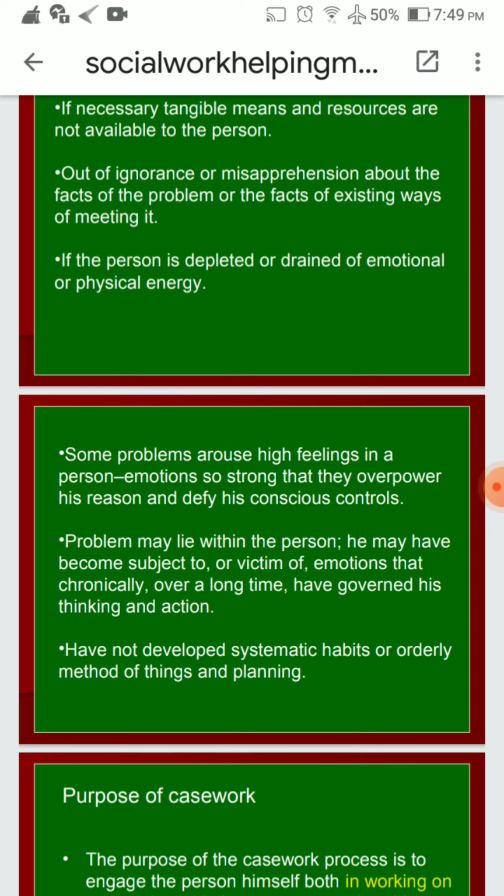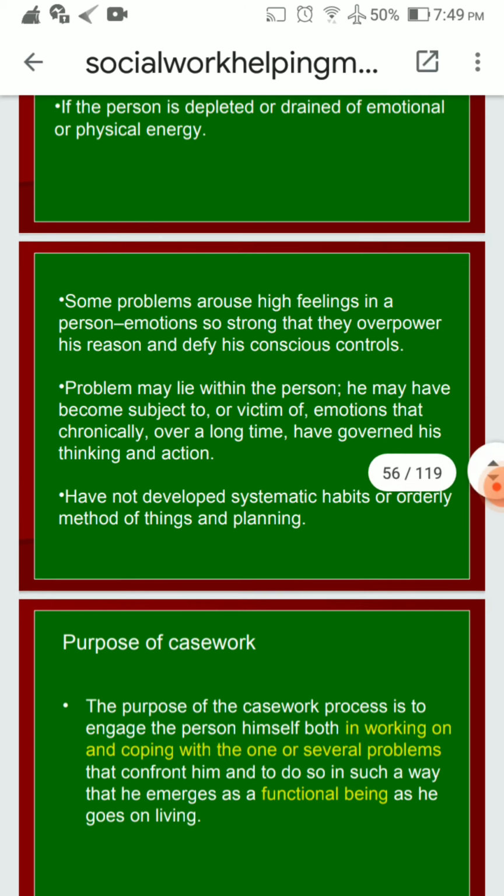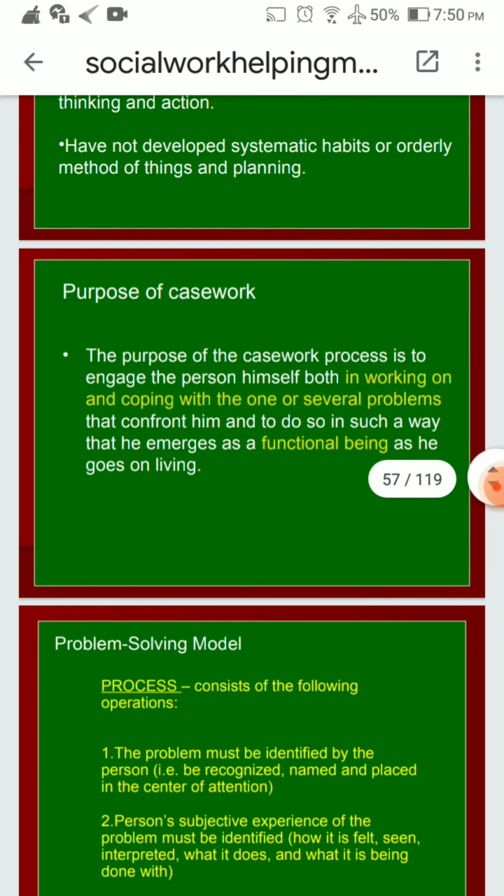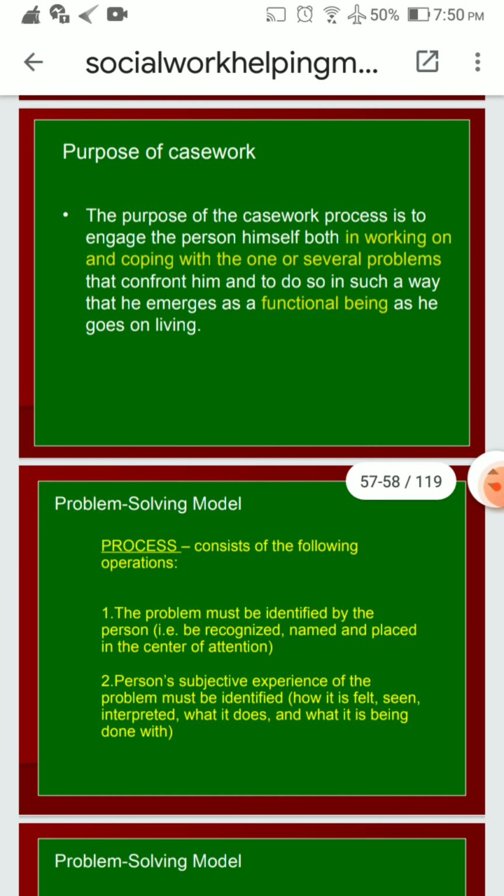He may have become subject to or a victim of emotions that, chronically over a long time, have governed his thinking and action. So we need to have a certain process or the case study itself. Or the person may not have developed systematic habits or an orderly method of thinking and planning. These are the different purposes of casework.